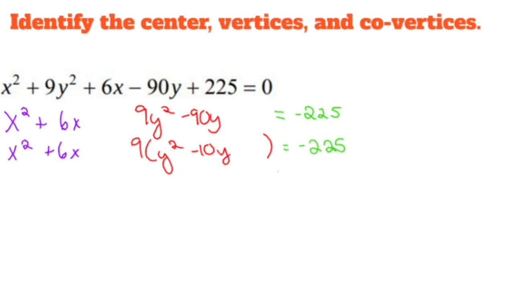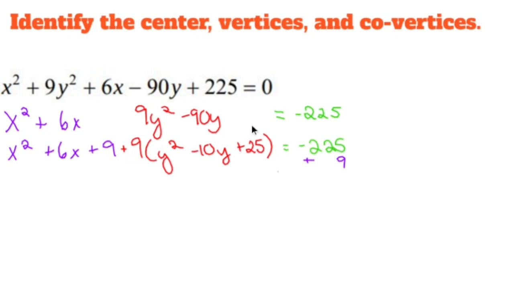Okay, the part here in purple, not so bad. I'm going to add 9. For x, half of 6 is 3. 3 squared is 9. Got to do the same thing over here. I'm going to take half of negative 10, which is negative 5, square that and make it 25. Now this is where you have to be careful. I'm not going to add 25 to both sides. Technically on the left here, 25 lives inside of a parentheses that's being multiplied by 9.